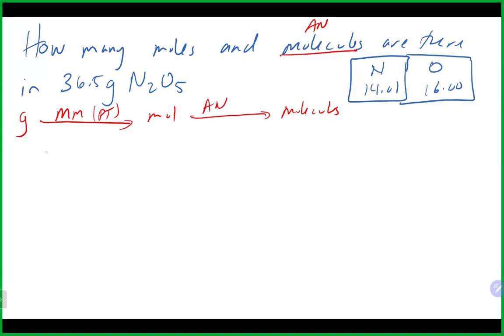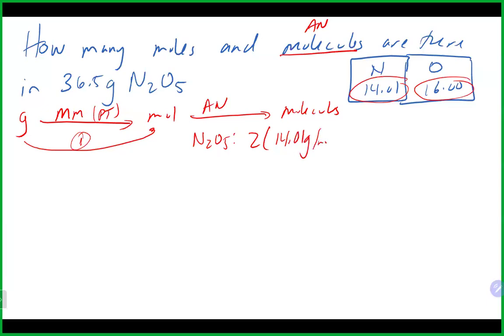So we're going to start with the first part here to go to this step, right? To do that, we will need to go to the periodic table and get our molar mass of N2O5. Once again, we're just going to add up all the parts that we have in the formula. So for N2O5, there are 2 nitrogens, each have 14.01 from the periodic table.